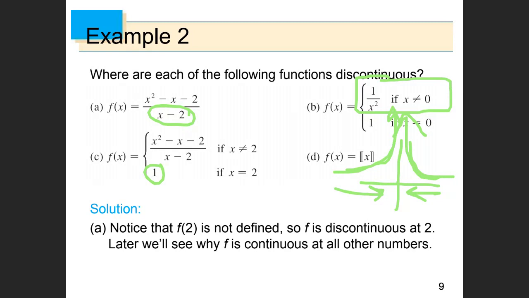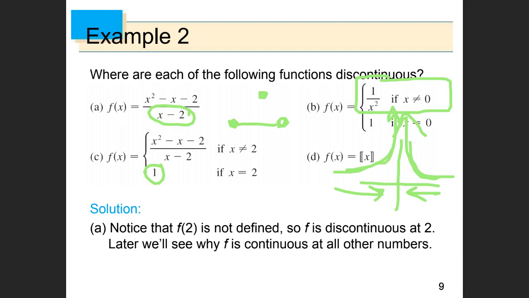All right. And then for D, we call this the greatest integer function, the greatest integer that is less than or equal to x. Generally this one is a discontinuous function, because you're going to get this kind of discontinuity. We actually call it a jump discontinuity.